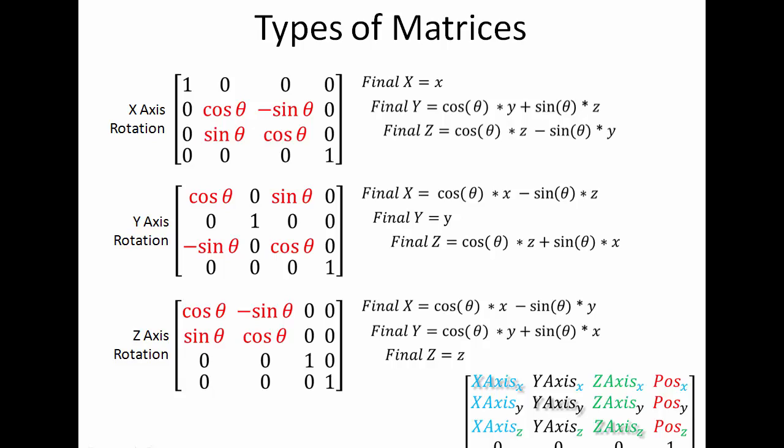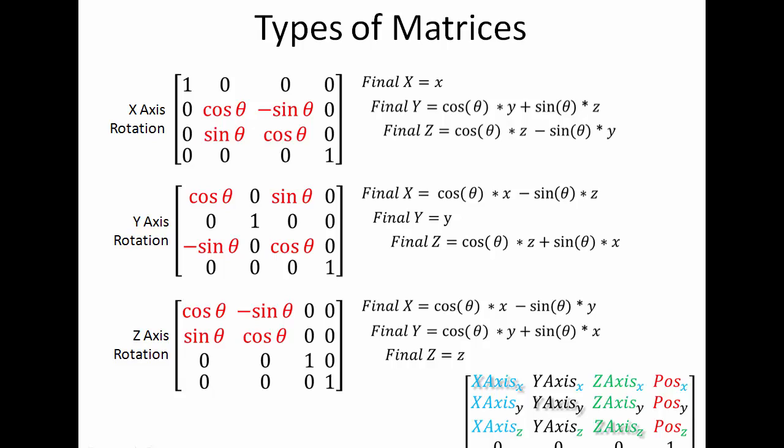The z-axis rotation shows the original rotation formula where you're rotating around the z-axis and on the xy plane. You can see there final x equals the cosine of the angle times the original x minus the sine of the angle times the original y, and the cosine of the angle of rotation times the original y plus the sine of the rotation angle times the original x will give you the new y value.